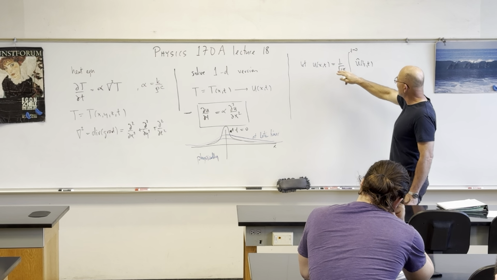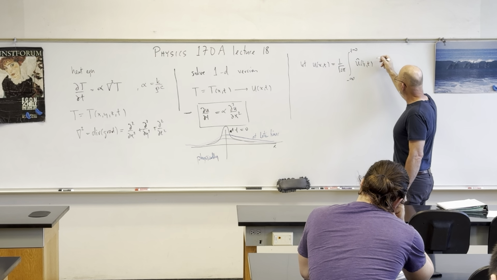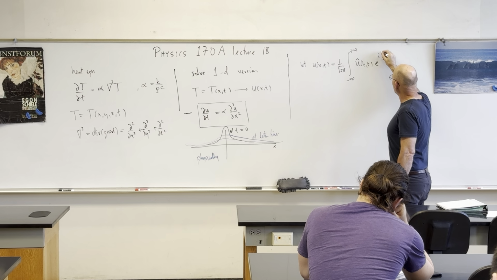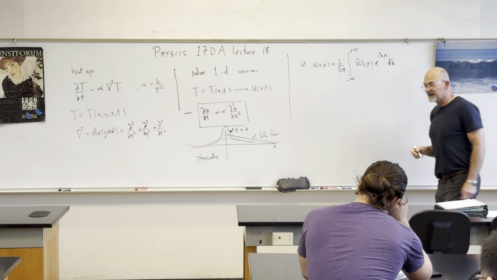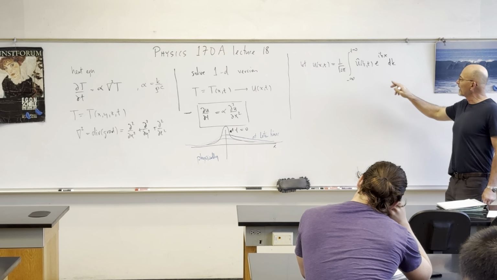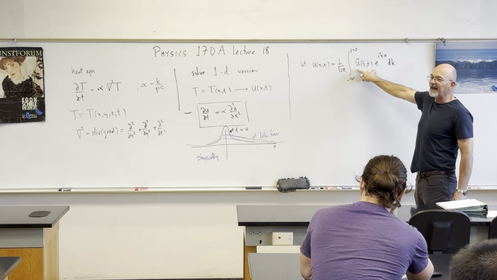So if we forgot the t, we'd have u hat of k e to the i kx dk. That would be the solution we're looking for. So we have to find what is this u hat of k and t.